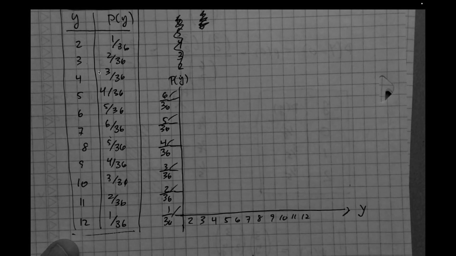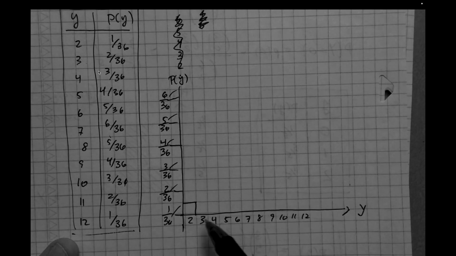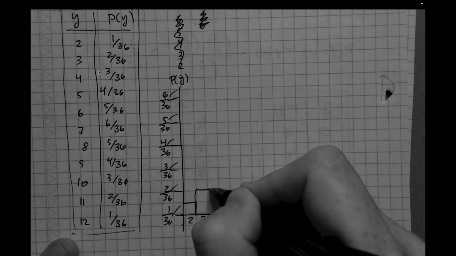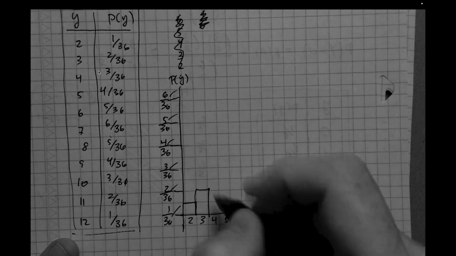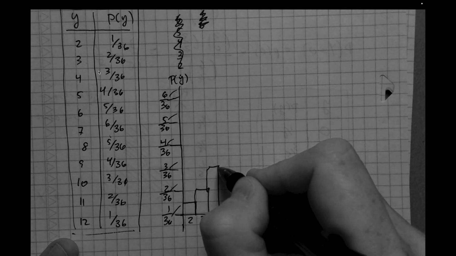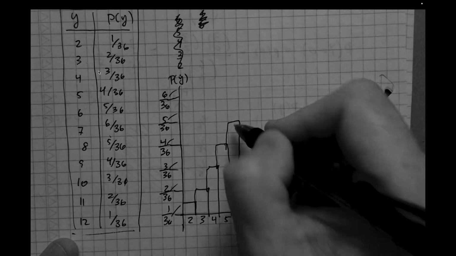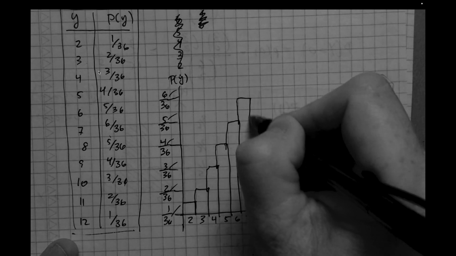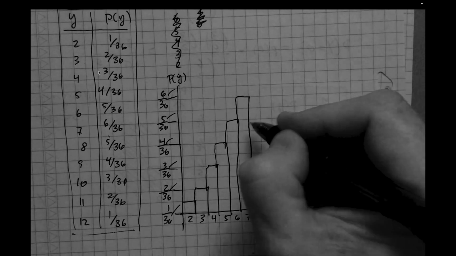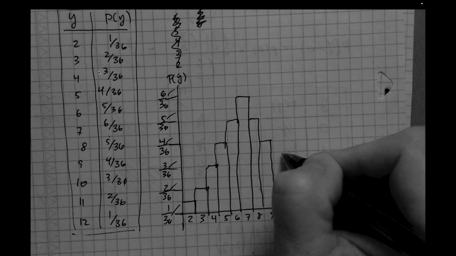Apologies. Okay, so for 2, we saw there is a 1 in 36 chance. For 3, a 2 in 36 chance. For 4, a 3 in 36 chance. Then a 4 in 36 chance, and then a 5 in 36 chance. And for the central value 7, there is a 6 in 36 chance. Then the probabilities descend on the other side as well.